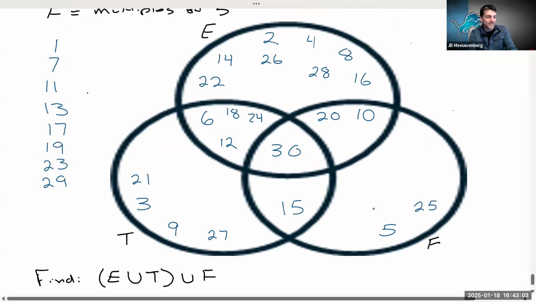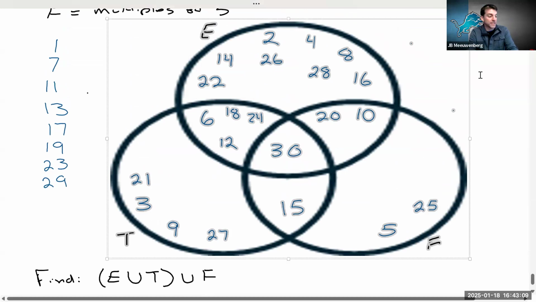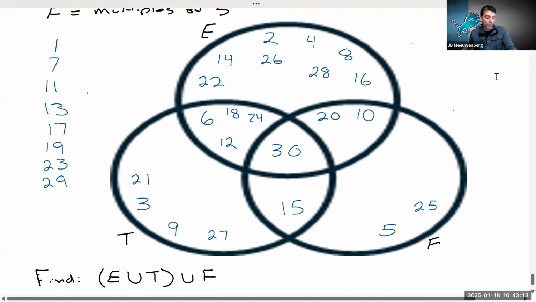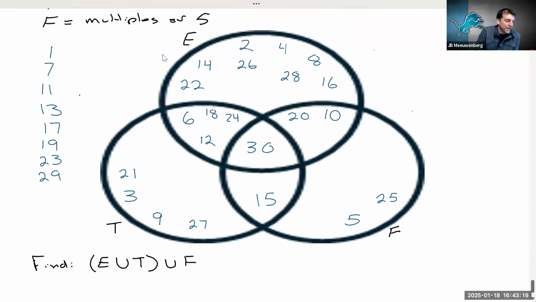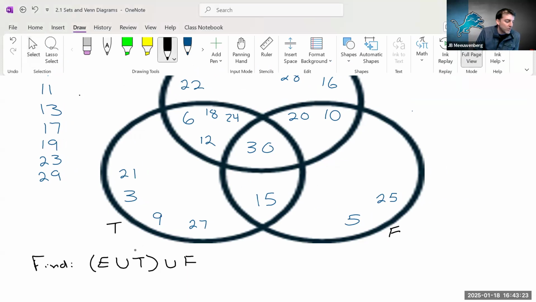So let's try to figure out what that notation means first of all, because what you'll notice is that I did put parentheses around the E and the T. So that's where we have to start. Where is E union T? I'm going to use some highlighting and then I'll erase it after we go further.